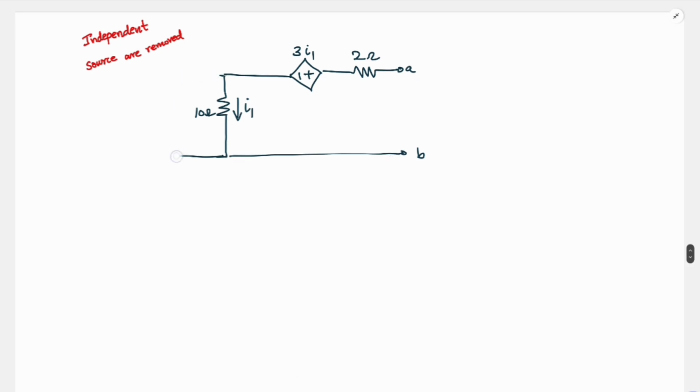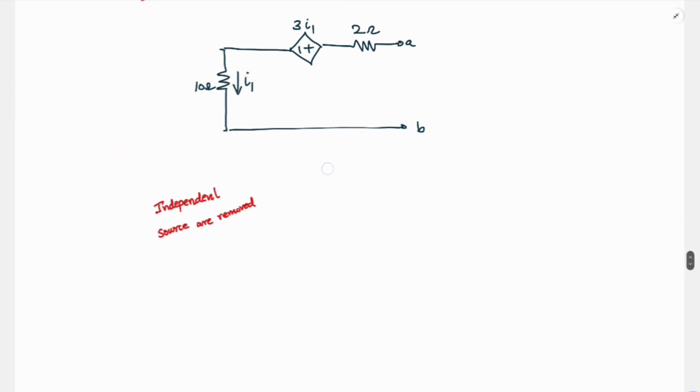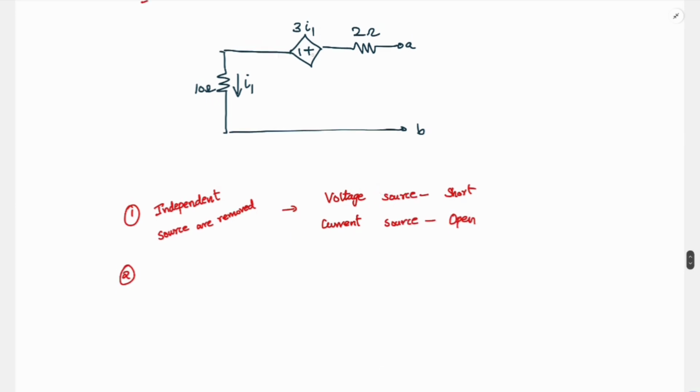So now we only have this part of the circuit. So this voltage source is short, the current source is open. And the remaining circuit has a controlled source.